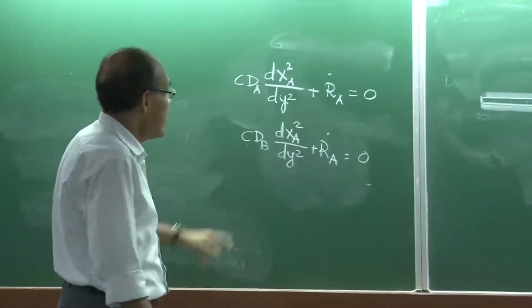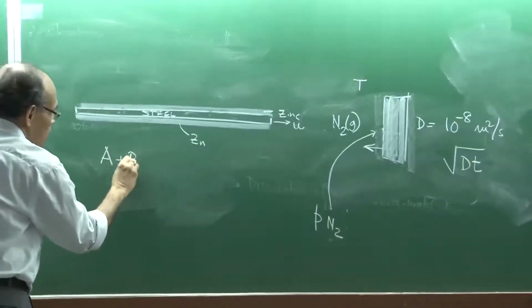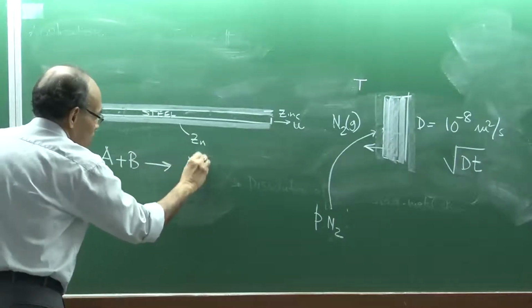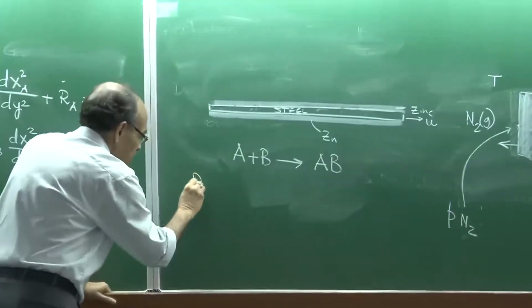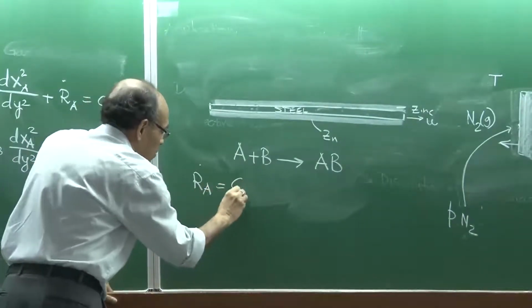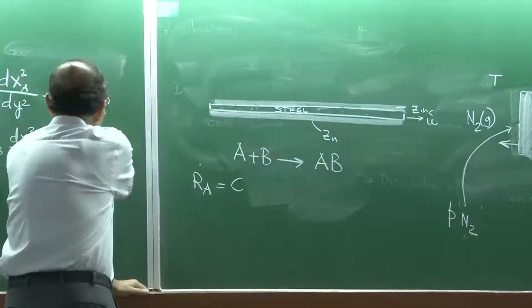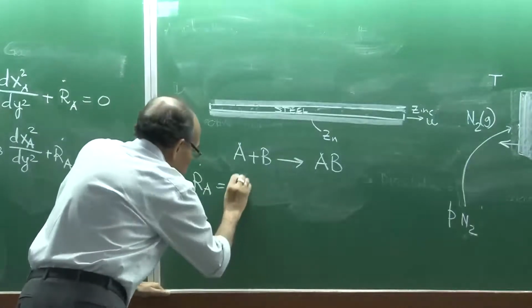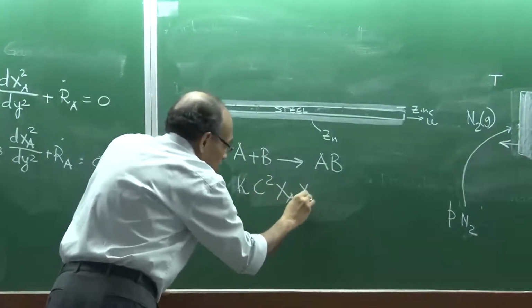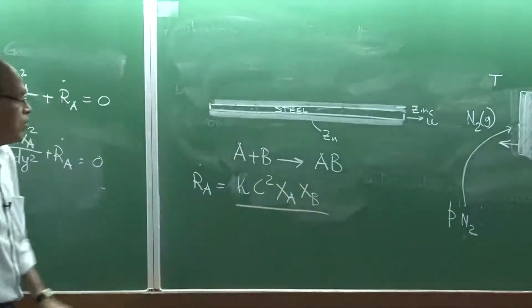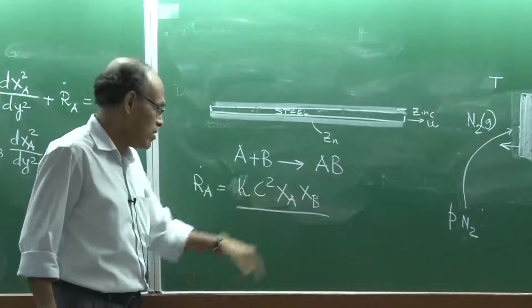We can say that A plus B, a second order reaction, gives rise to another product. So the rate of reaction Ra could be something like, because I want to write it in terms of mole fractions, the rate constant K into C square into XA into XB. So product is being generated.